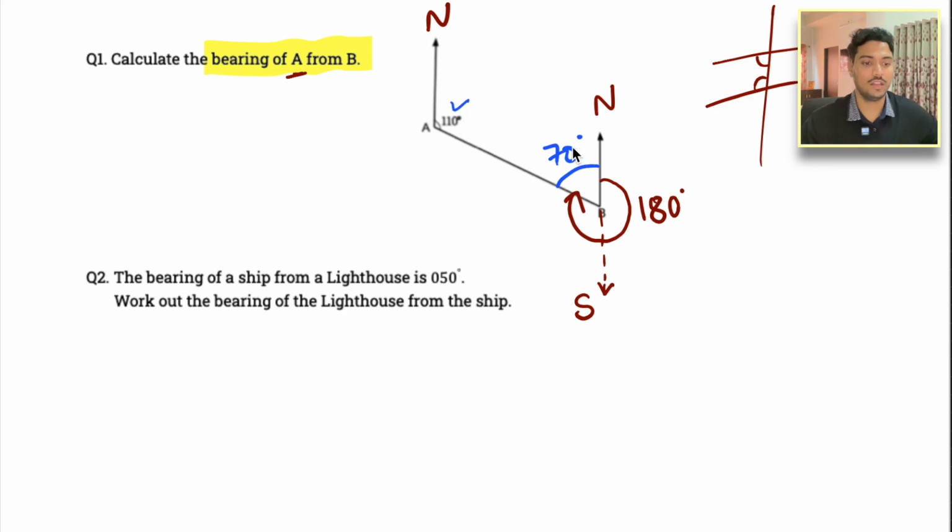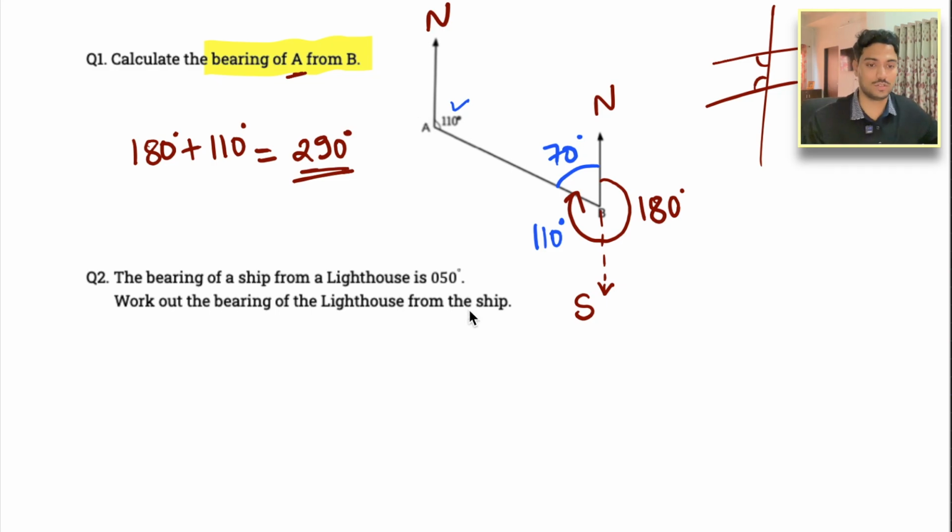If this is 70 degrees, this will again be 110 degrees, right? Straight angle property. So the bearing of A from B is going to be 180 degrees plus further 110 degrees. So that is going to be 290 degrees. So that's the bearing of A from point B.